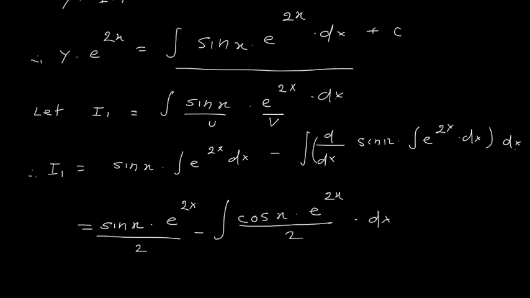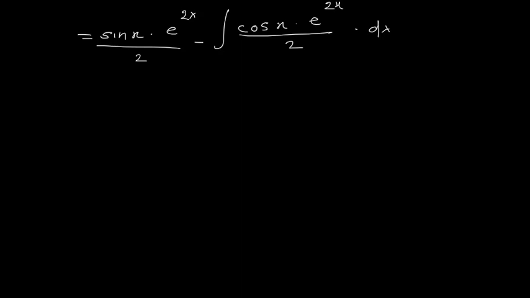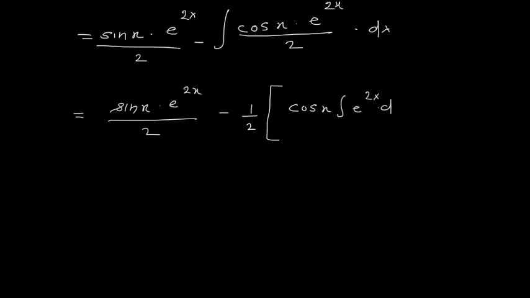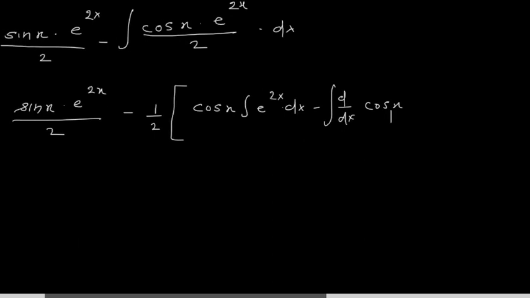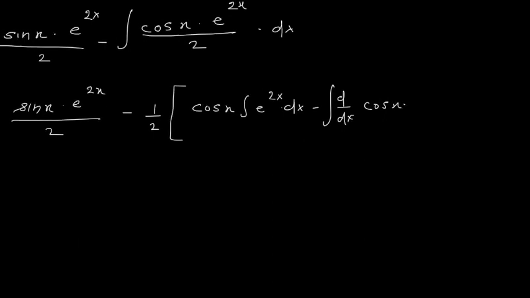Into dx. Now again here I have to apply u into v. So this is sin x into e power 2x, whole divided by 2, minus 1 upon 2, which I will take out. Now here it is cos x into the integration of e power 2x dx, minus the integration of d by dx of cos x into the integration of e power 2x dx.